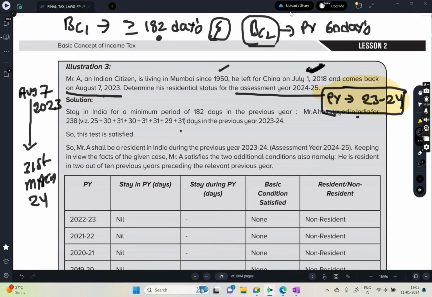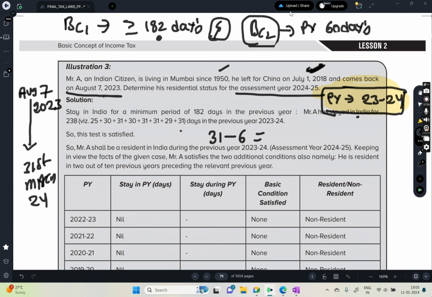Now, stay in India. In August, how many days are there? 31. Out of 31 days, how many days did he not stay in India? 6 days, because 7 we will consider as stayed.